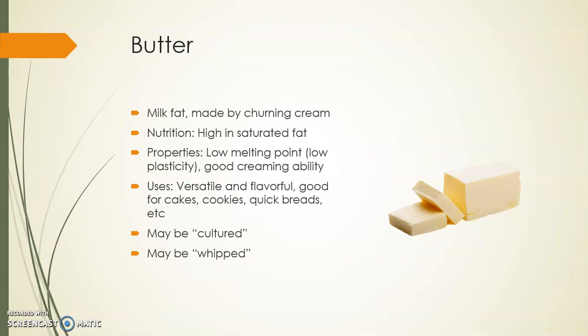Remember, plastic means that it can be spread or molded. It does, on the other hand, have a good creaming ability. And so because it has a good creaming ability and a moderate melting point, it is very versatile and flavorful, and it's good for cakes and cookies and quick breads.